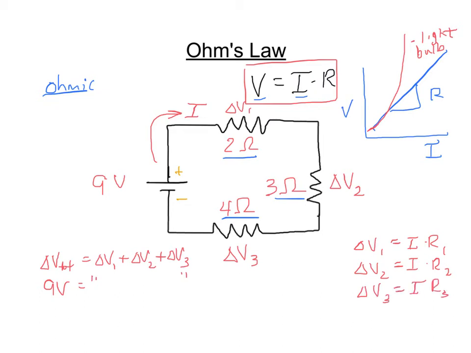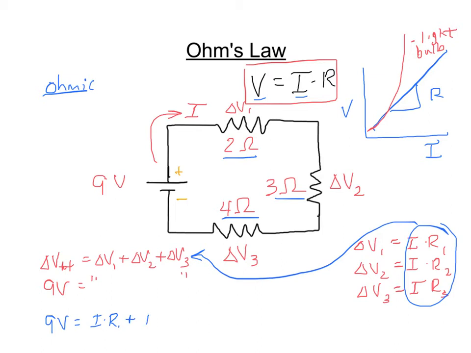So I can substitute all these into this equation right here, and we can solve for I. My 9 volts is equal to I times R1 plus I times R2 plus I times R3. Notice that it's the same current through all three, so I can factor out the I and just have R1 plus R2 plus R3.